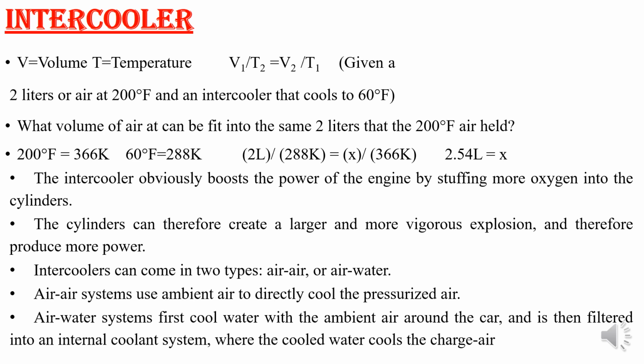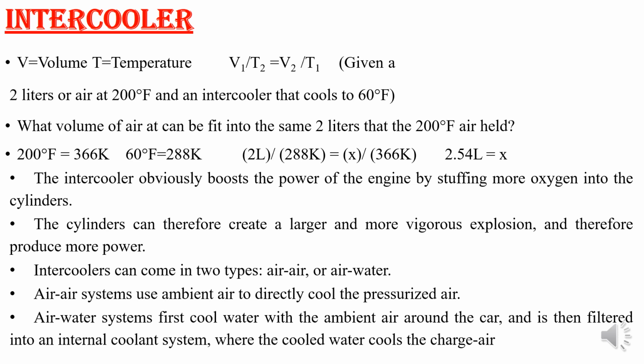The most common way engineers get around turbo lag is simply to use the lightest components possible, because less inertia means less lag. A more complex way is to pair a large turbo with a smaller one or with a supercharger.